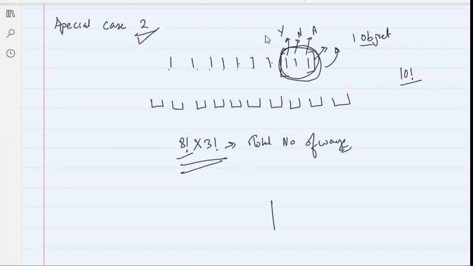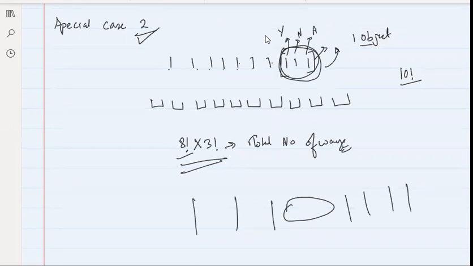Even if I represent them like this, they can be anywhere, so this will become one object, and the 7 different students. So the total objects are 8, so 8 factorial. But in this, we have 3 students who can change places among themselves, so it is 3 factorial. So the total will be 8 factorial into 3 factorial.